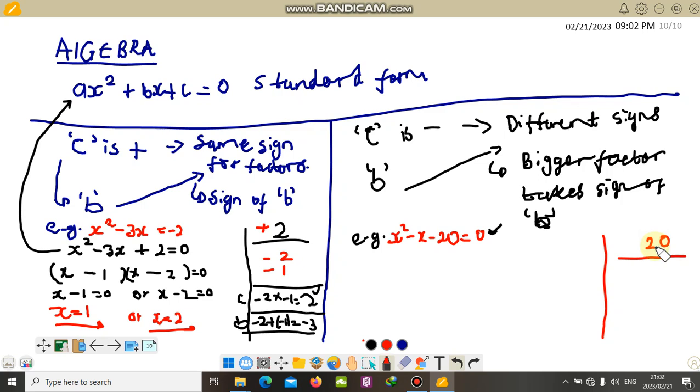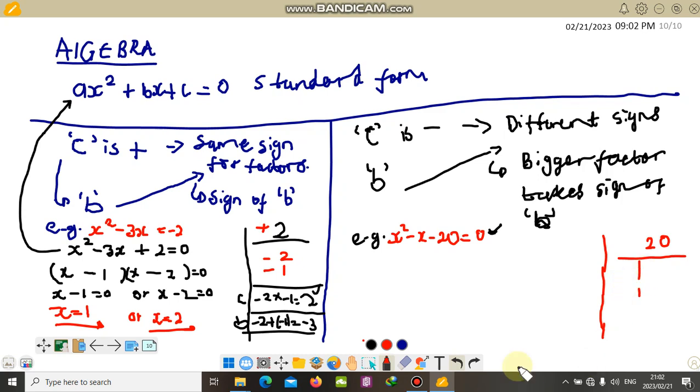So the factors of 20, let's just try them out. You have 10 and 2. 10 times 2 is 20. But when I say 10 plus 2, do I get 1? No. When I say 10 minus 2, do I get 1? No. So those factors do not help us. Now let's look at other factors for 20.